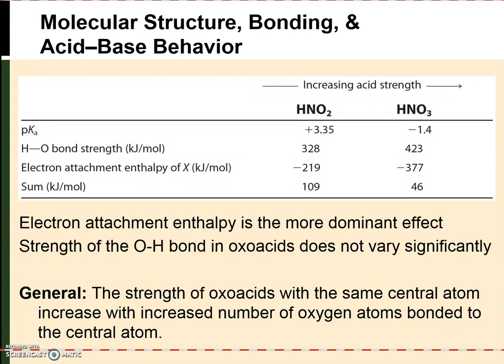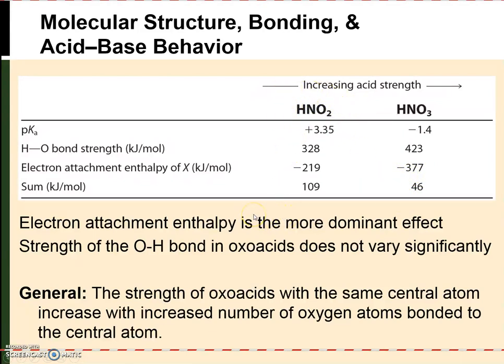So if we look at the bond strength and the electron attachment enthalpy, it turns out that nitric acid, that has the significantly larger electron attachment enthalpy, has a less positive sum of these two enthalpy changes, and so it's a slightly more favorable enthalpy change than for nitrous acid.